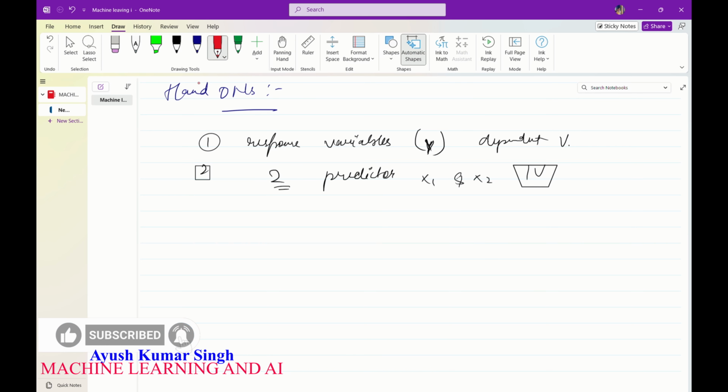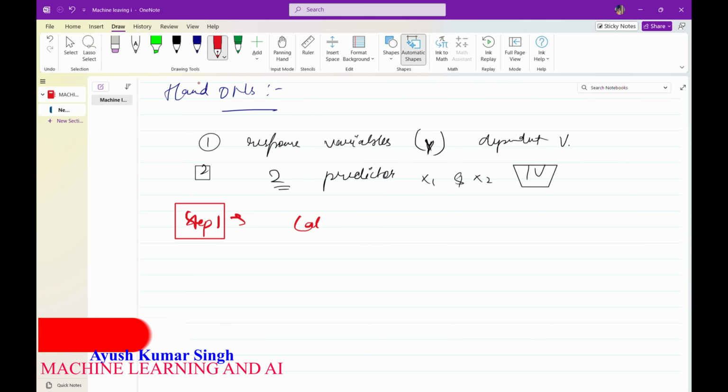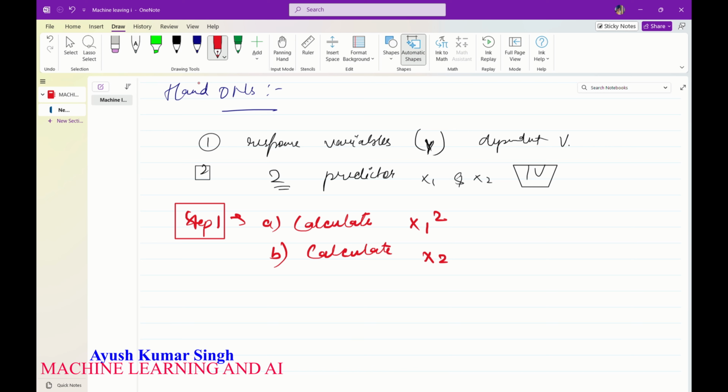First of all, step 1 is to calculate x1 whole square. Okay. There are many parts here, so I'll write it like this. Then calculate x2 whole square.